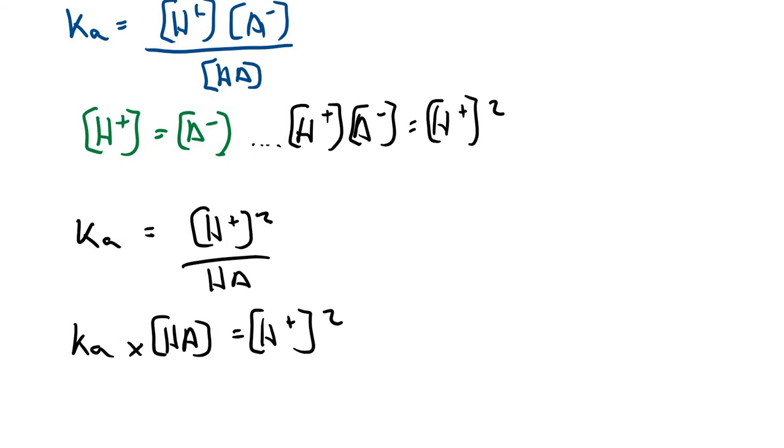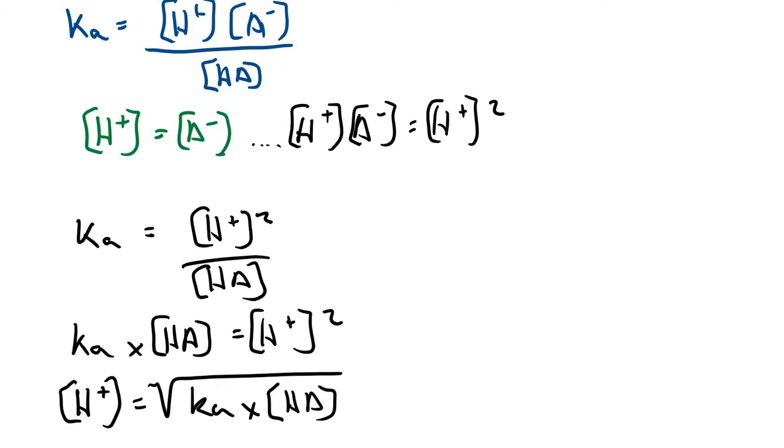So I multiply both sides by concentration of HA here. Well, Ka times concentration of HA then is equal to H plus squared. Then I'm left with taking the square root of both sides and just rearranged H plus to keep it on the left. H plus concentration is equal to square root of Ka times the concentration of HA, which is the concentration of the weak acid.